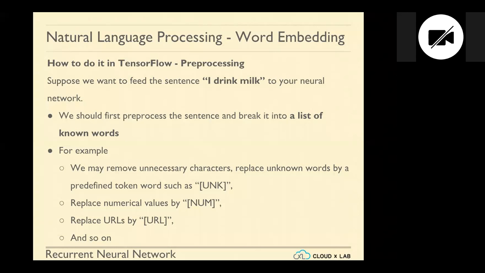You may remove unnecessary words or characters, replace unknown words by, say, [UNK] in square brackets. Since we are not creating embeddings for numbers, we replace the numbers by NUM. If there are URLs, we replace them by URL.